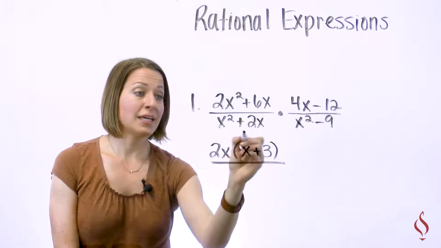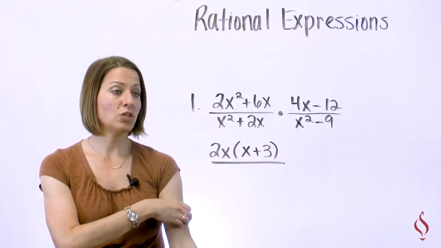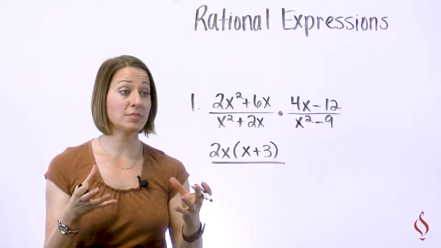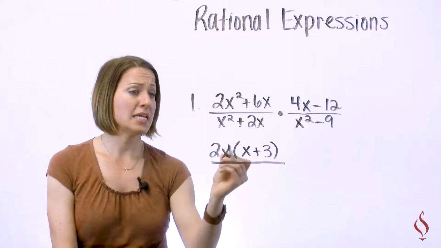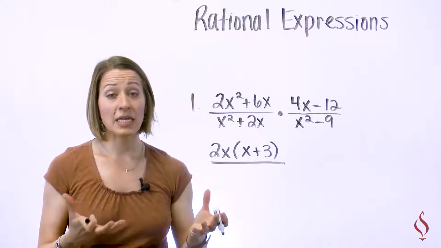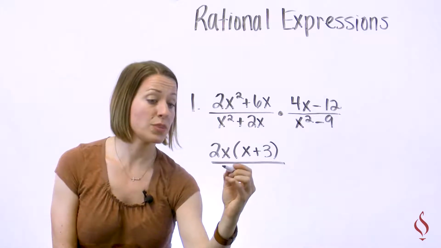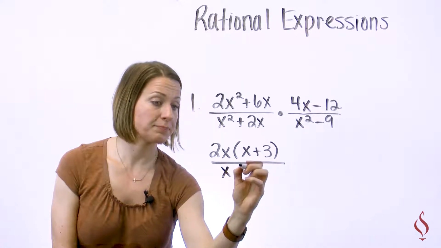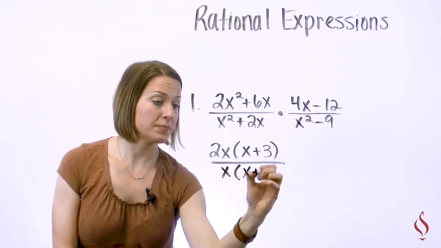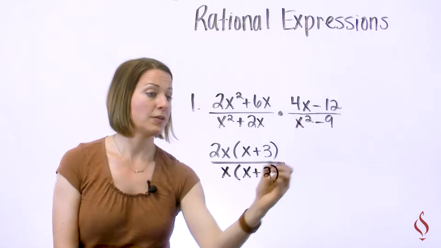Down here, again, even though there is an x squared, and we usually unfoil problems that have an x squared like that, this is not a difference of squares, and it's not a trinomial, and so we really just need to factor out a common term, which is x, and that leaves us with x plus 2, okay?